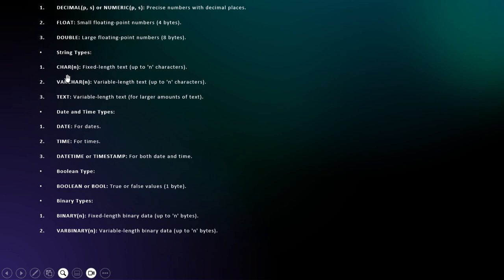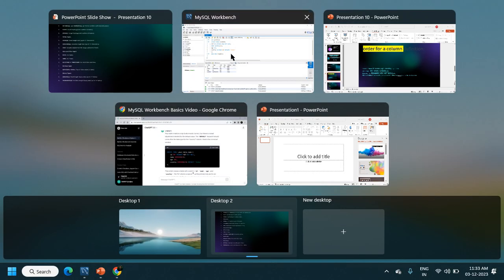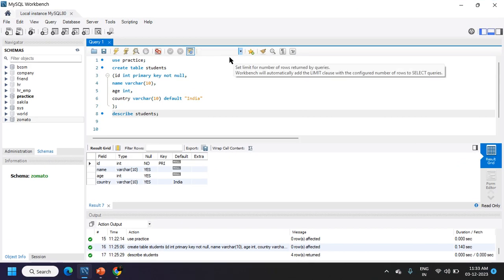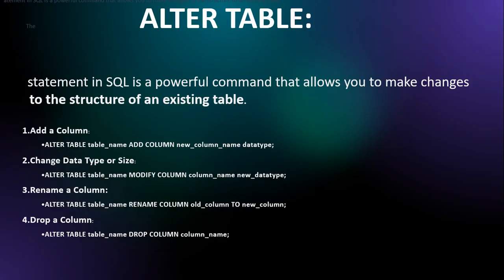For string values I have character or varchar, then the text type, then date and time types: date, time, and datetime, and boolean, bool. I can specify which type of data I need to store in that particular column. So this is how I can create a table.